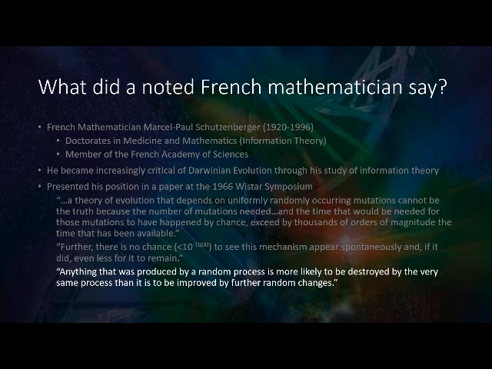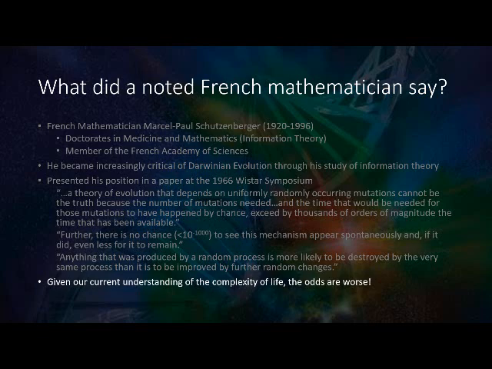It's much easier to break something that works than it is to create a new working system. And that was back in 1966, which is about a year or two after I gave my report in the freshman biology class, and he's saying the same thing, that the mutations are going to break the mechanism, not improve it, and the odds of this ever happening are so tiny as to be zero.